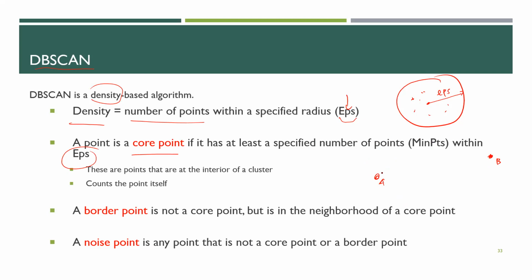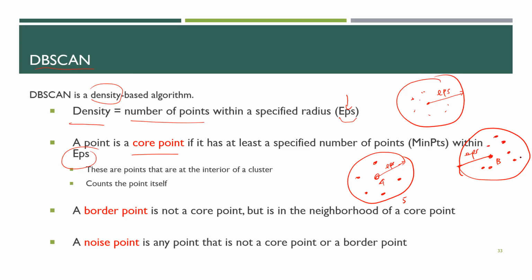Let's say this is the radius for point A, and this is the radius for B. Then we calculate how many other points are inside the radius. For A, we have 1, 2, 3, 4, 5, so there are 5 other points. For B, we have 1, 2, 3, 4, 5, 6, 7, 8.